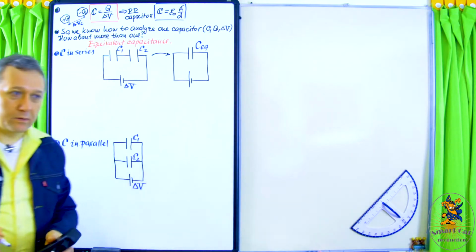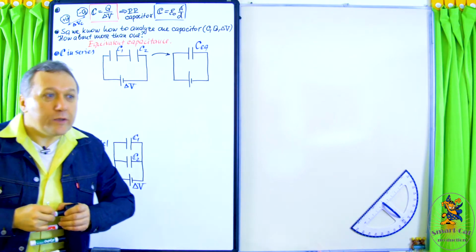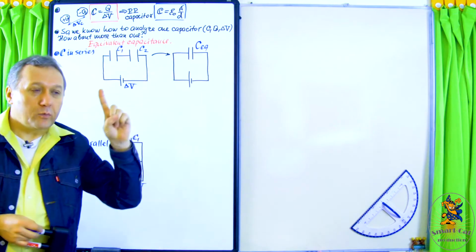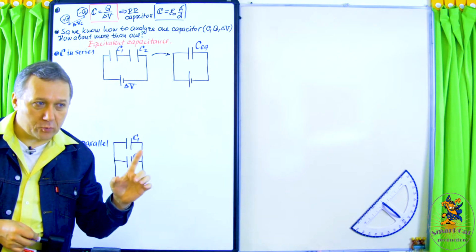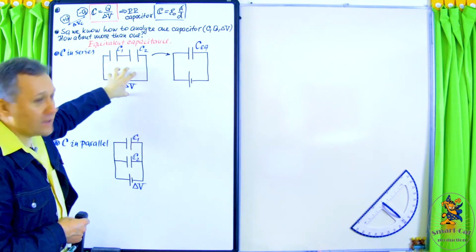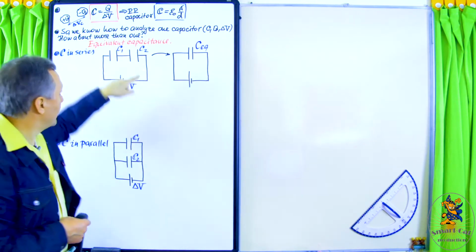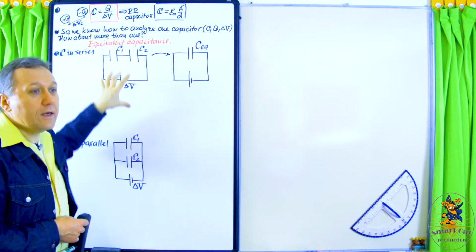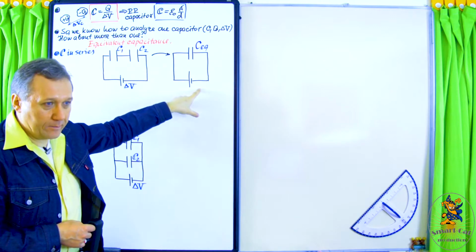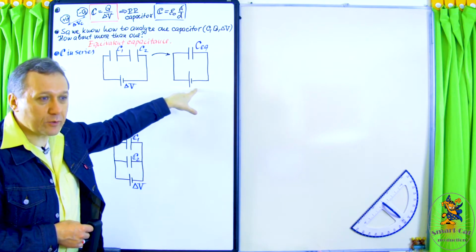And when you replace these with a single equivalent capacitor, we must add very important words. The rest of the circuit, in this case it's just a battery, but of course in general it can be a complicated circuit over here, right? The rest of the circuit must work in exactly the same way in the equivalent circuit.